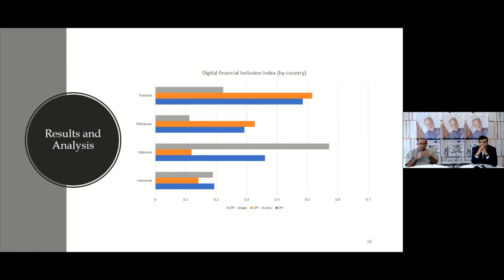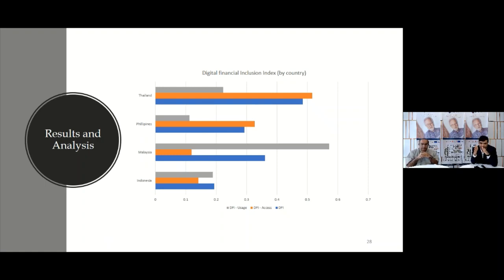In Indonesia we also found some access, though compared to Thailand and the Philippines it is low, but in Malaysia the overall DFI is quite okay.